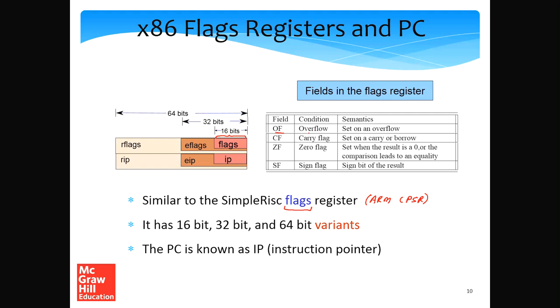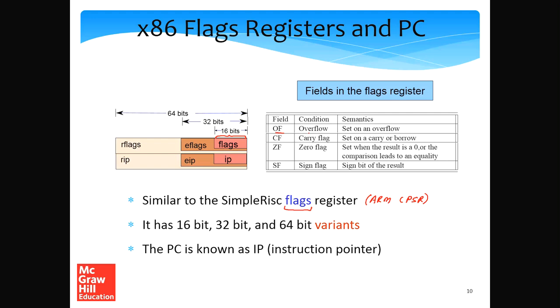So the overflow flag is set on an overflow, and this can be read from the flags register. Similarly, we have CF, or the carry flag, which is set on a carry or borrow. Let's assume I'm doing an addition or a subtraction. The carry flag CF is set if the addition results in a carry or the subtraction results in a borrow.